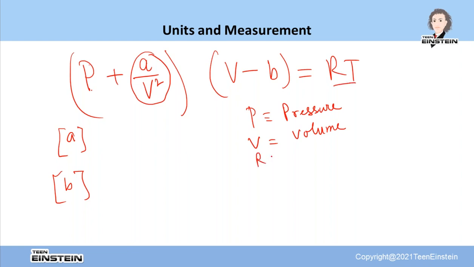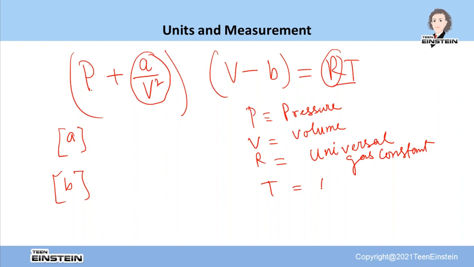This R is the universal gas constant, that is a constant, but that also has a dimension. And this T is actually absolute temperature.